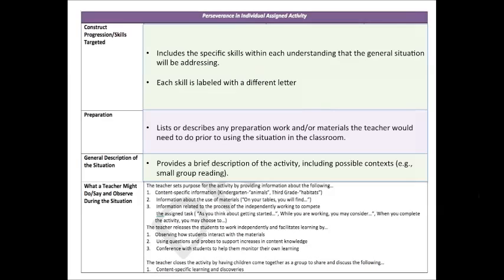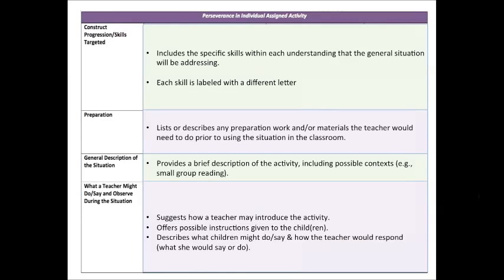The next piece of the situation that you'll be reviewing unpacks this particular situation, identifying what the teacher might say or do and observe during this situation. It suggests how a teacher may introduce the activity, offers possible instructions that she may give to the children, and describes what the children may say and do and how the teacher would respond. Now remember, the situation is written for kindergarten, first, second, and third grade.